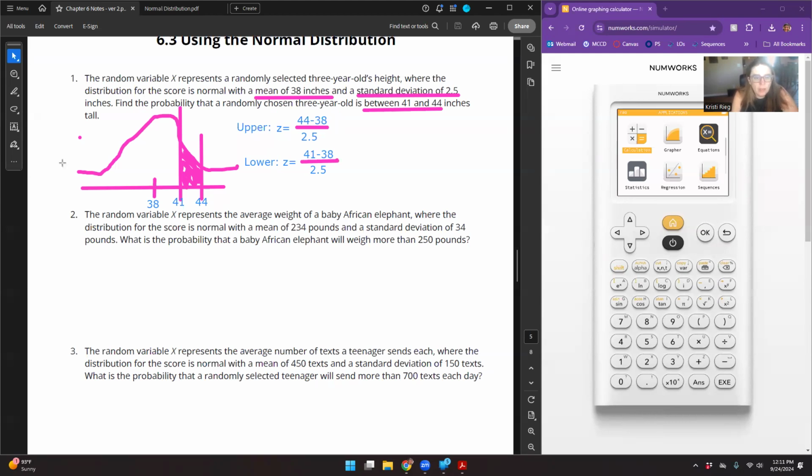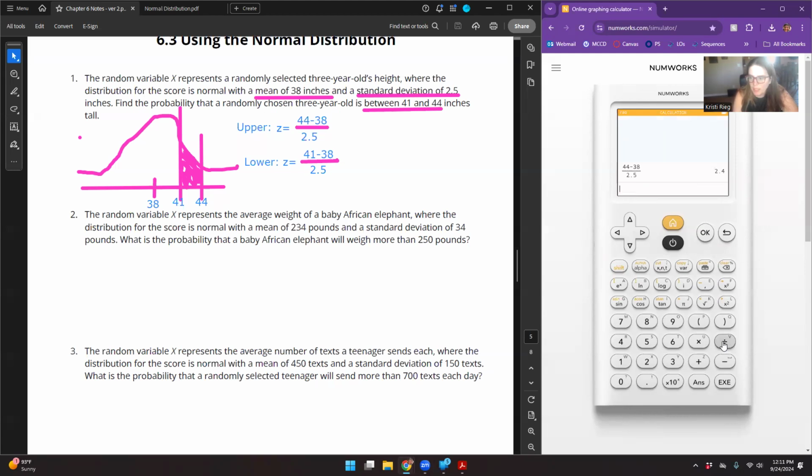So the upper is going to be 44. Let me just type that into my calculator. I want 44 minus 38 over 2.5.